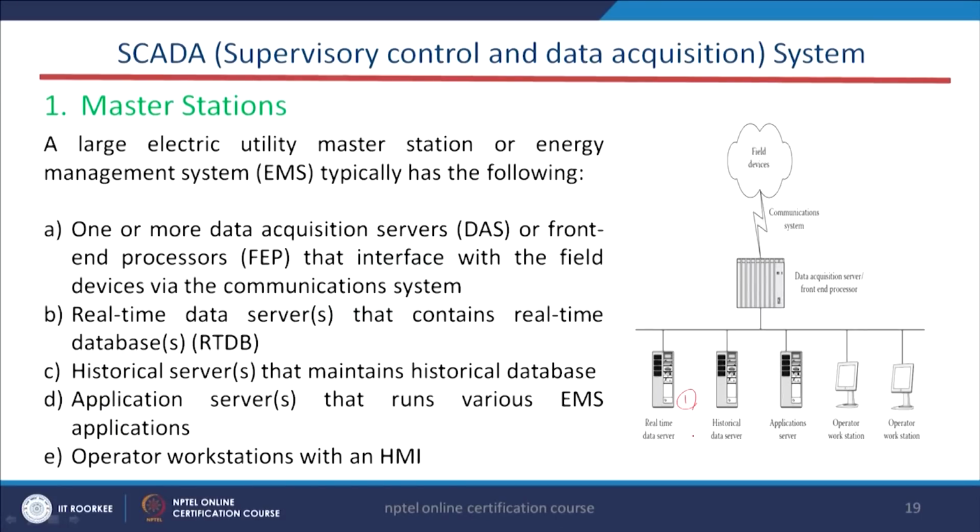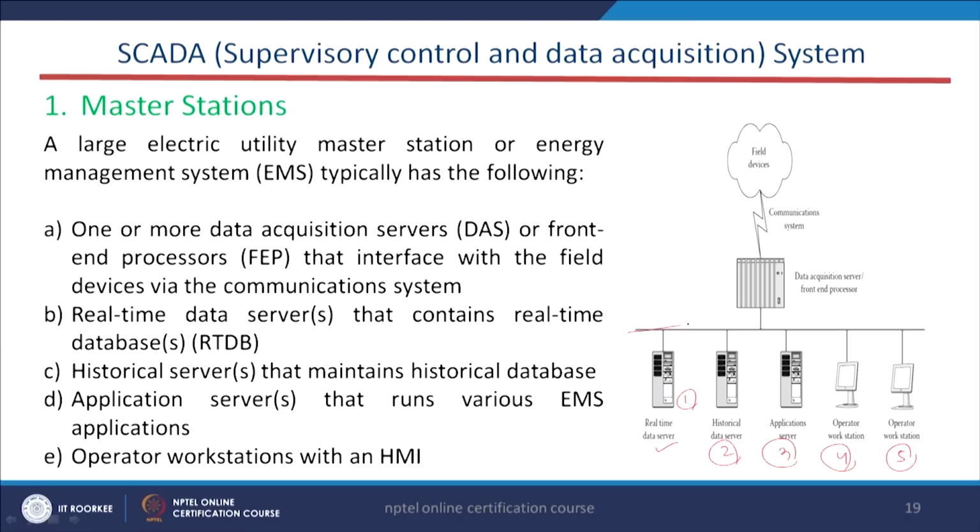Now, this master station has five components. One is the real time data server, the second one is the historical data server, the third one is the applications server, the fourth one is the number of operator workstations, and the fifth one is the operator workstation.